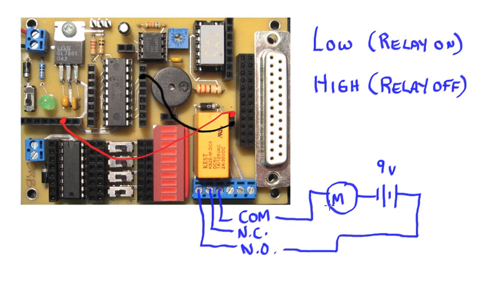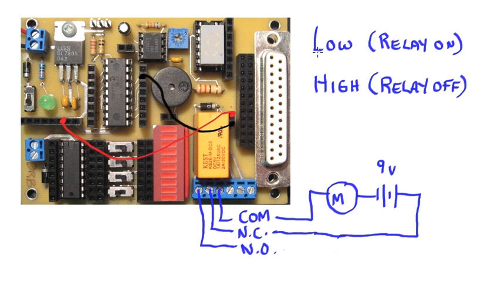If what we wanted to do instead is have the high turn the motor on, we could use our normally closed contact, which is going to work just the opposite of the normally open. Let me redraw that. Let me just go straight across there. So now with a normally closed set of contacts, with this relay not being energized, this circuit will be completed between the common and the normally closed contact. Whenever we energize the relay, this connection will open.